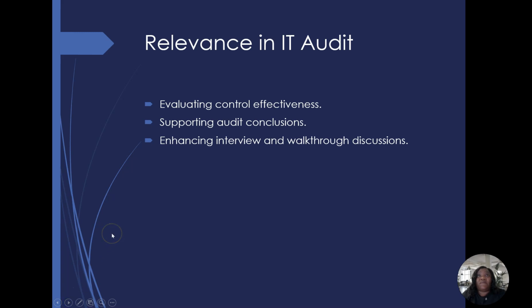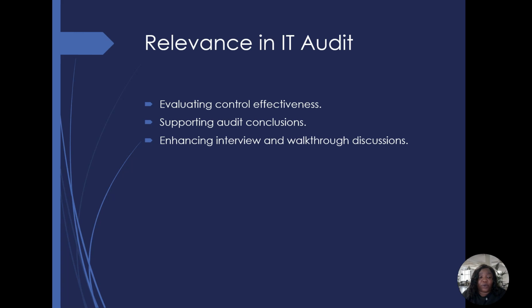So, what is the relevance of control failure in IT audit? From an audit perspective, being able to identify control failure is very, very critical because this is what directly impacts your ability as an IT auditor to conclude on your control effectiveness, on your test of effectiveness.